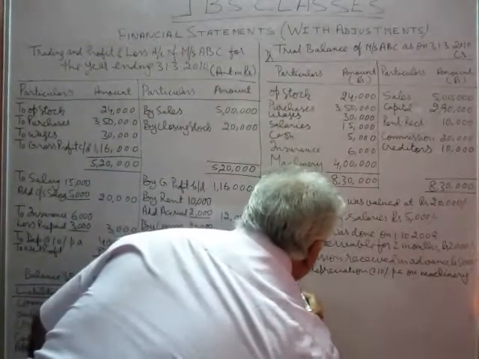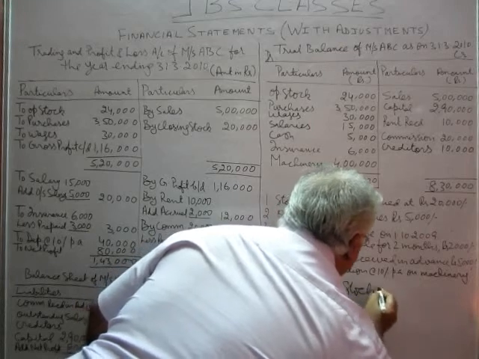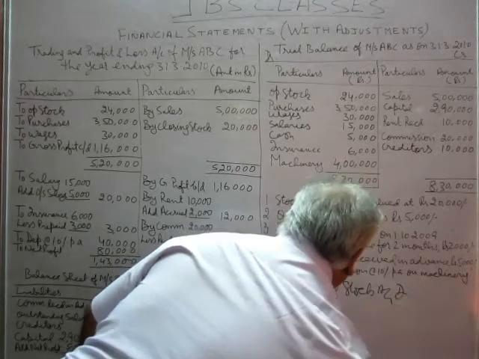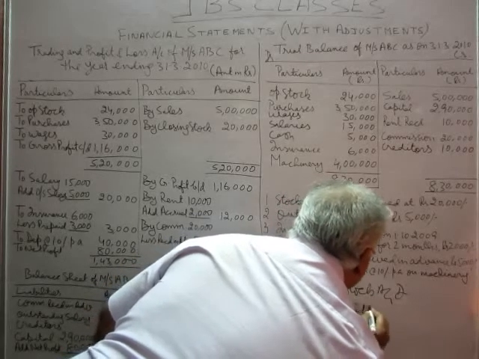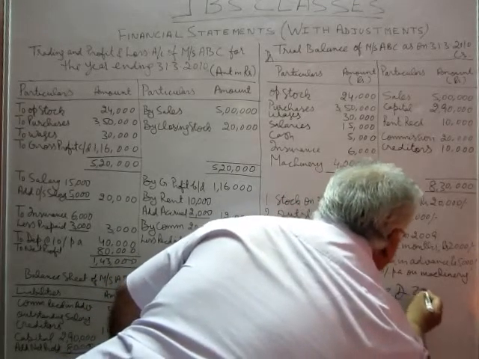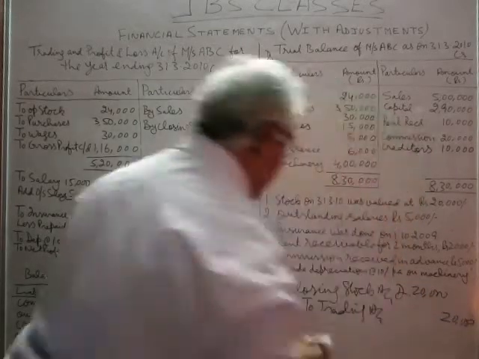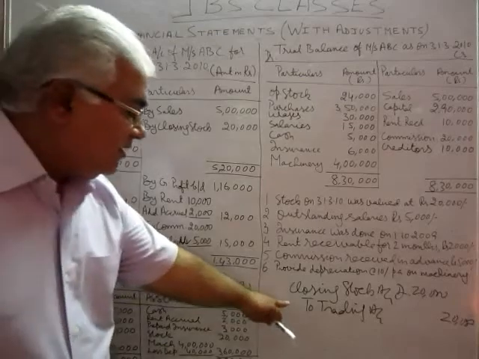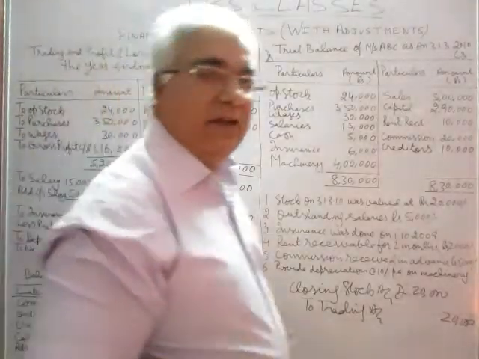Closing stock account debited to trading account, that is 20,000. Now you see, because of this entry, now closing stock account has come into existence, right?